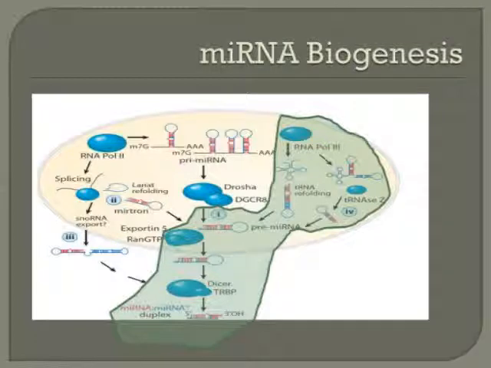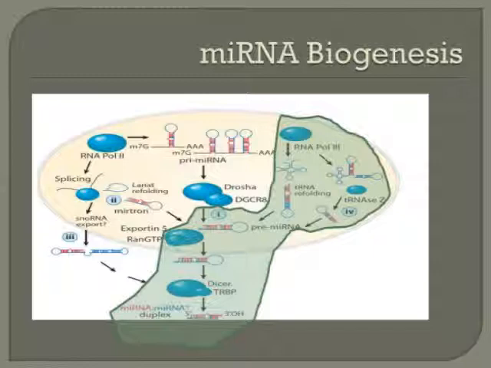Another way of making microRNAs is through RNA polymerase III, and as we know, RNA polymerase III makes transfer RNAs, and this type of microRNA production is seen in murine herpesvirus 68, MHV68.